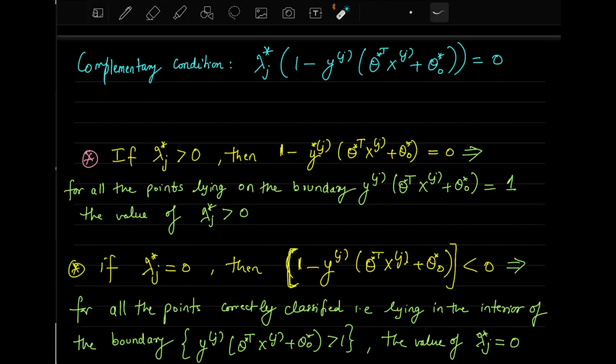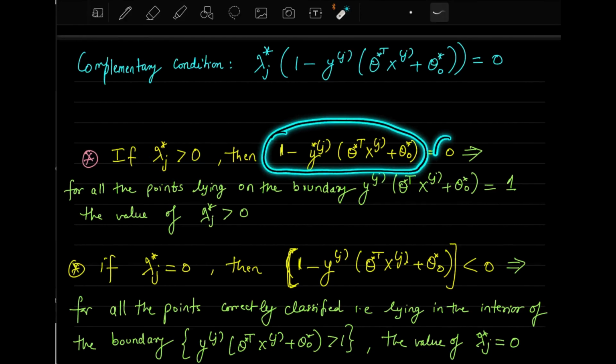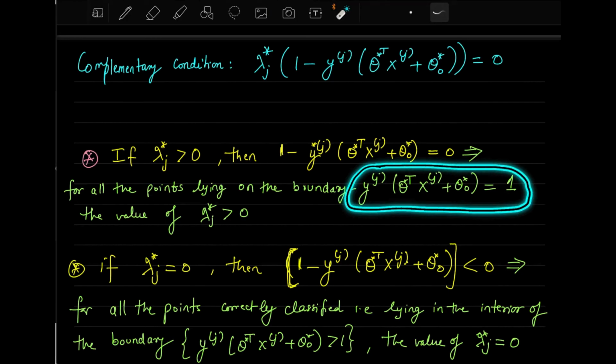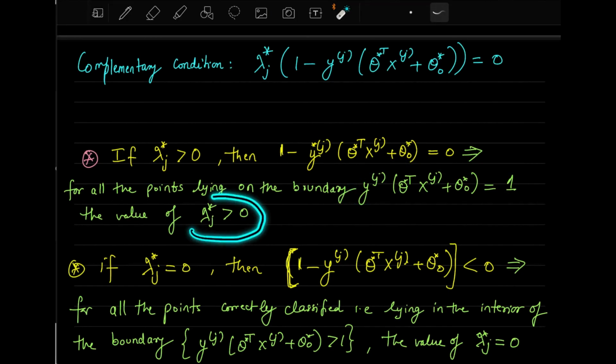The interpretation is that if this lambda j is greater than 0, then this is equal to 0. What does it mean? It means that all the points lying on the boundary, because you can bring this one to this side, so it is a boundary, all the points lying on the boundary will have the value lambda j greater than 0.